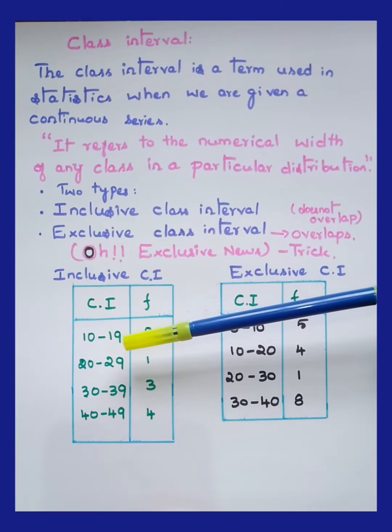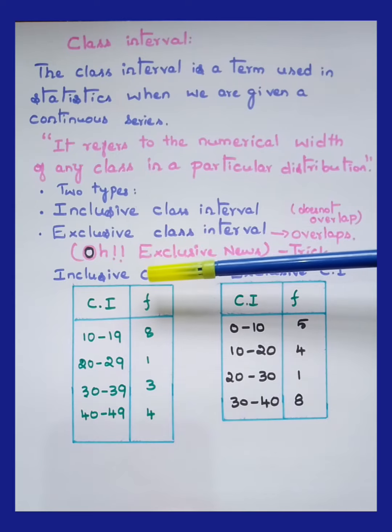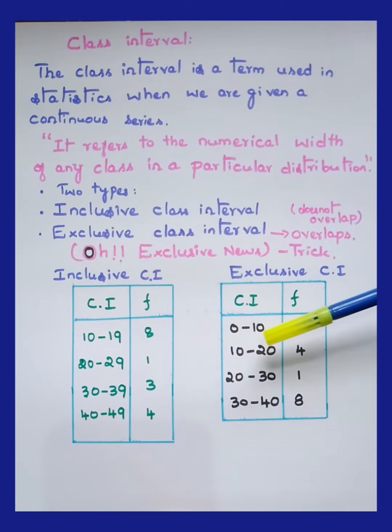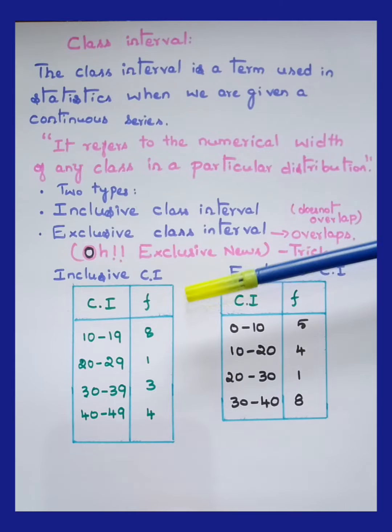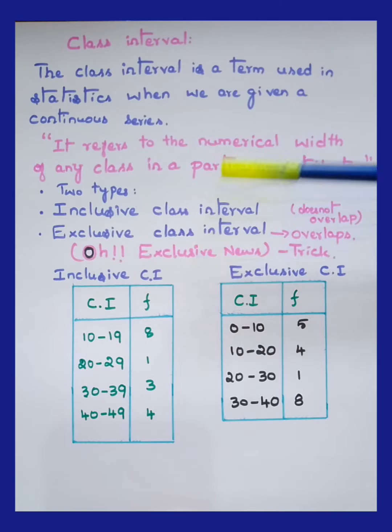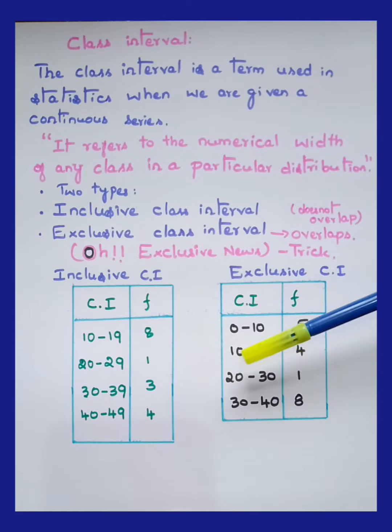But in the exclusive, if you see, the numbers overlap. You can see 0 to 10, again 10 to 20, then 20 to 30, 30 to 40. The frequency could be of any elements. Let us not bother about that number. In this case, we are dealing especially with the class interval. I think this must be clear enough.